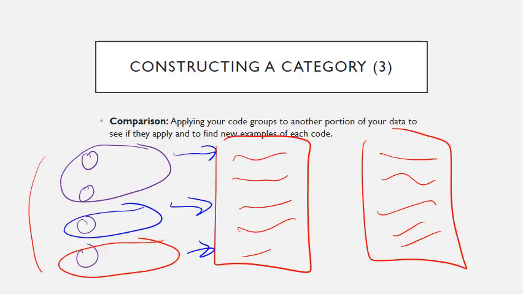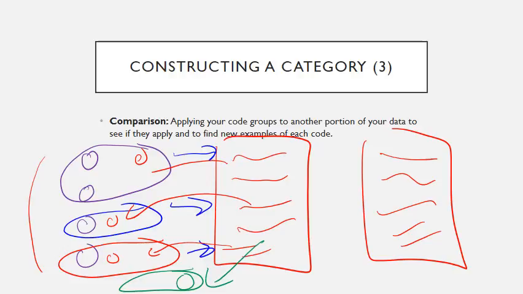Hopefully from pages 3 and 4, you can start getting more examples of your codes and groups. What you might also discover in pages 3 and 4 is that there's another group that potentially can be a code as well, okay? Maybe page 3 has something that you didn't see in page 1 and 2, just as you read through the data.